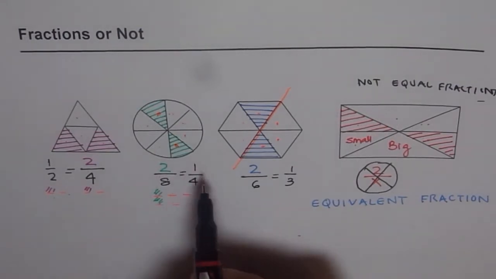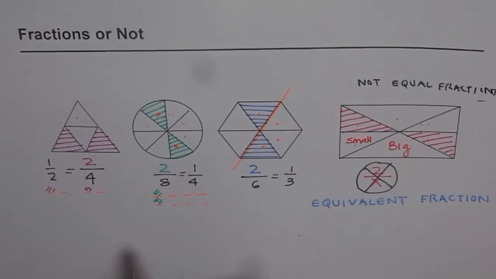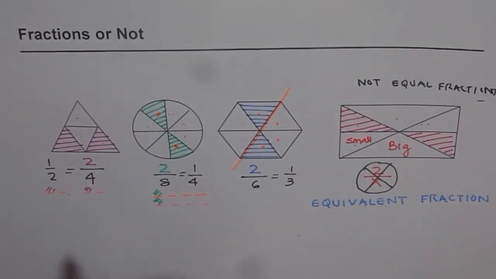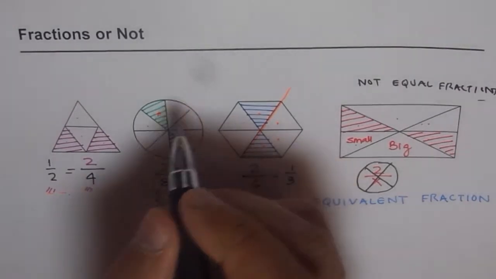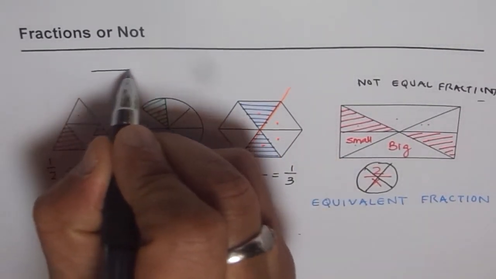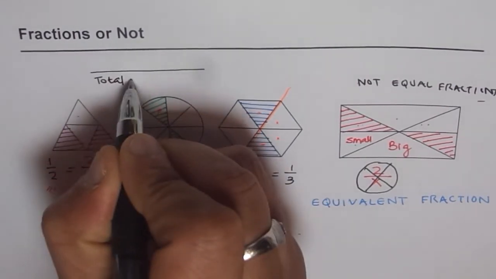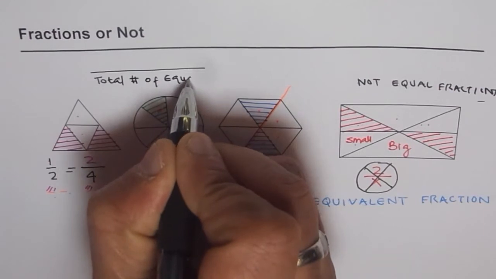So in fractions, numerator is number of shaded or selected portions, and denominator is total number of equal parts. Do you see that? Remember that. So whenever we write fractions, we should have equal parts, and the denominator is the total number of equal parts.